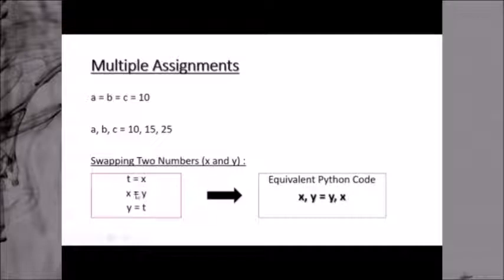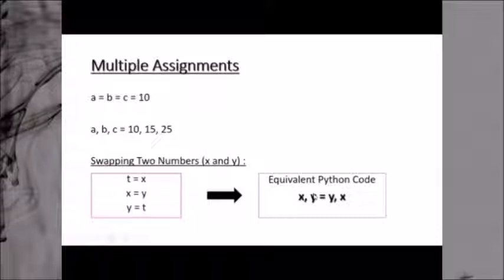So just to perform one particular operation, we have to write three statements. But if we perform the same operation in Python, you can see the statement is quite easy. We simply say x, y is equal to y, x. That is, the value of y is assigned to x and the value of x is assigned to y.